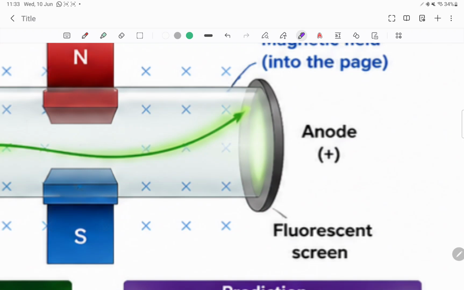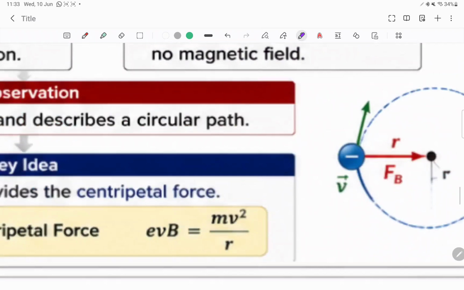As we know from basic physics, the force required to keep any object moving in a circular path is called centripetal force. Since in the magnetic field, the magnetic force is responsible for changing the path into a curve, the magnetic force on the cathode rays is considered the centripetal force.